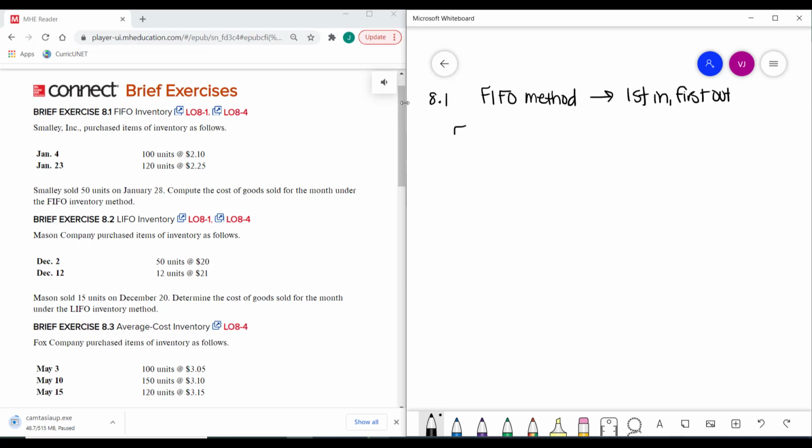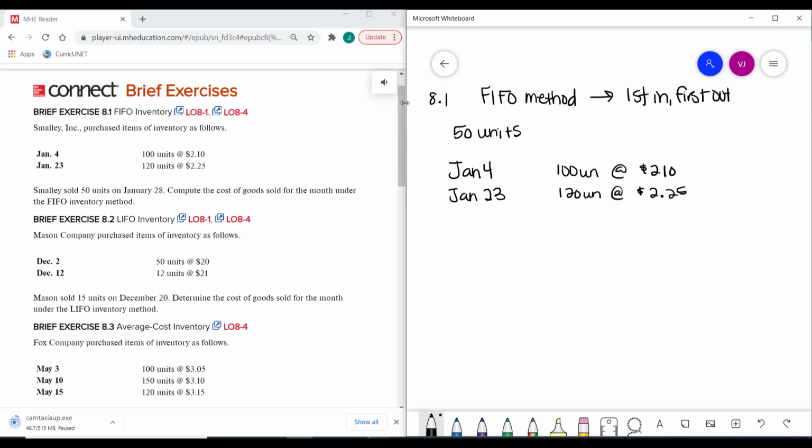So it said they sold 50 units. Okay, so for this one, let's copy these cost layers just to illustrate. Then we have January 23rd. Okay.